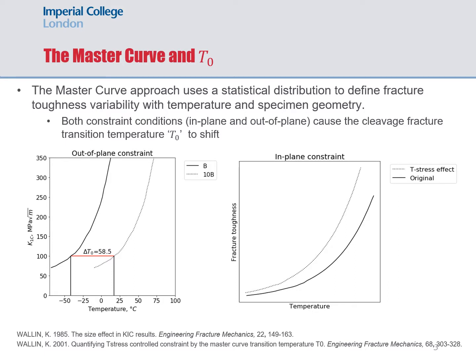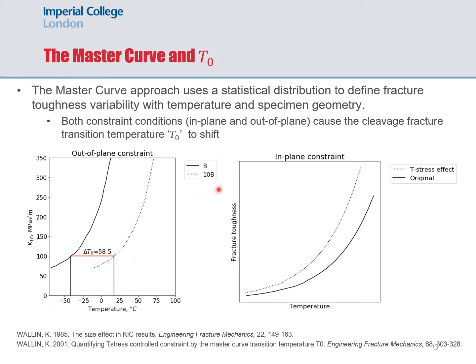One method that's really useful for assessing how constraint might influence fracture toughness is the master curve approach derived by Wallin. The master curve defines the relationship between fracture toughness and temperature using a single point called T0 to define the movement of the curve relative to the temperature axis.